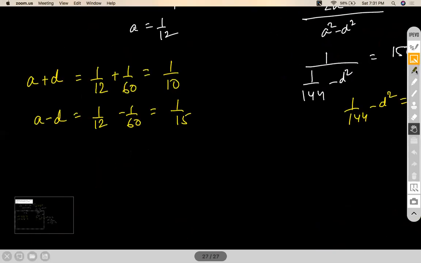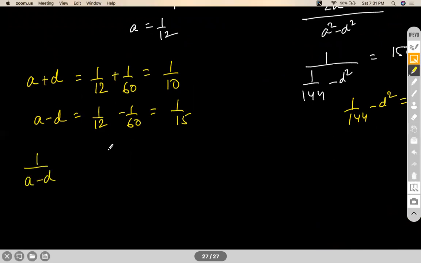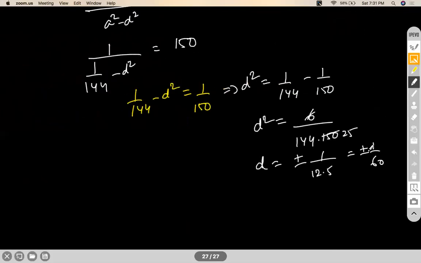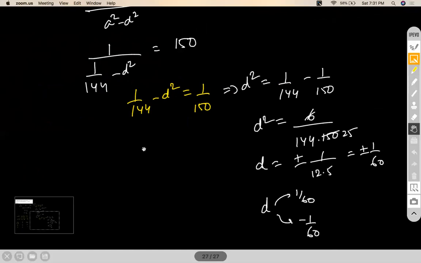So your terms 1 by A minus D, 1 by A, 1 by A plus D could be 15, 12, 10. It could be the other way around also, 10, 12, 15, because remember there are two values of D that will come out. One is plus 1 by 60 and the other is minus 1 by 60. So both will give you two different answers.